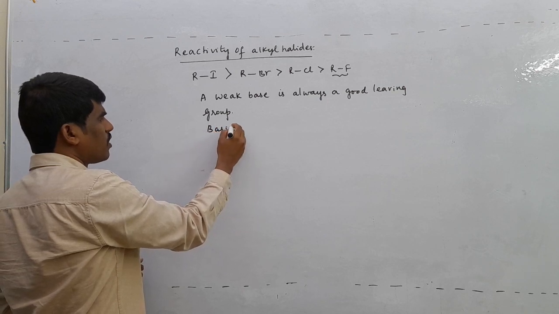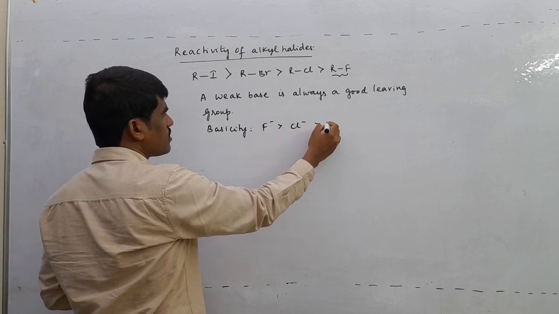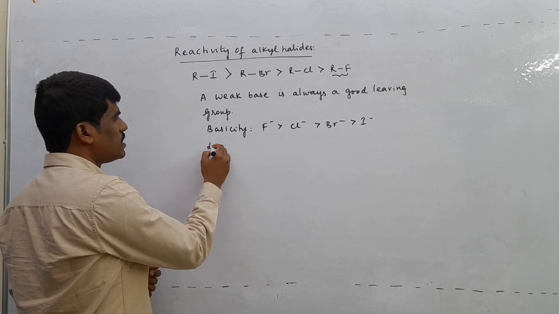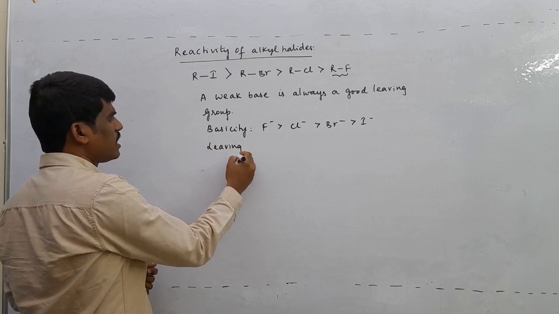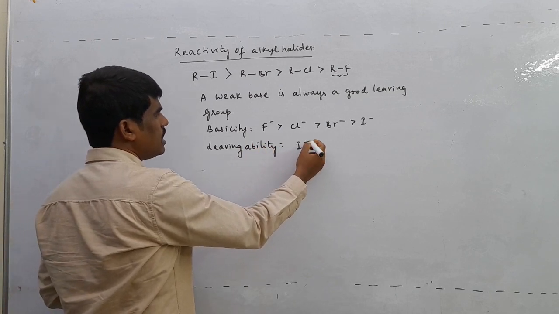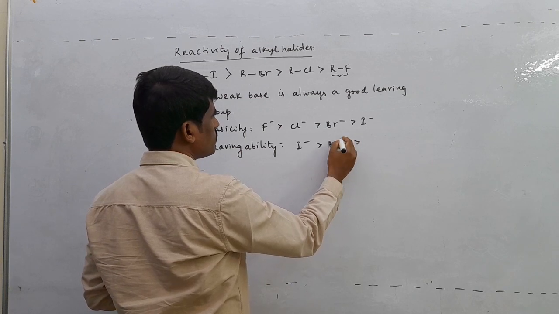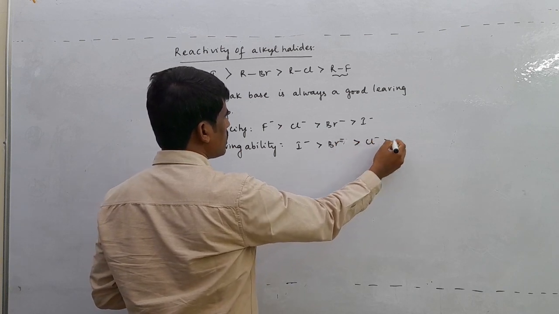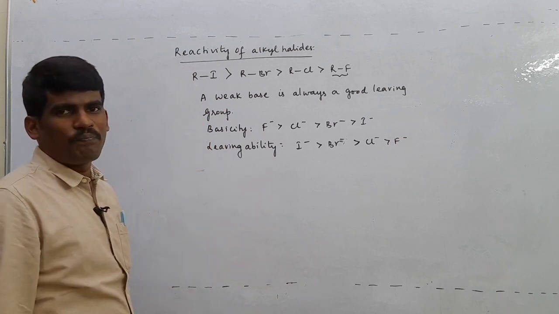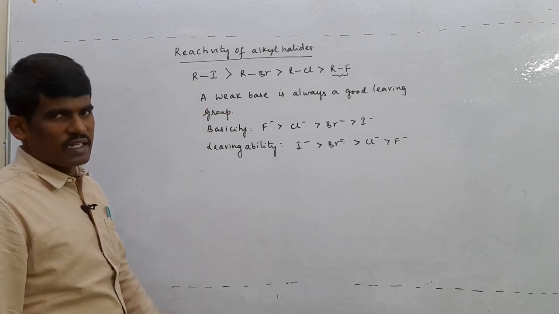In the basicity order, the strong base is F minus, greater than Cl minus, greater than Br minus, greater than I minus. Then leaving ability: which one can easily leave? The easily leavable group is I minus, greater than Br minus, greater than Cl minus, greater than F minus. So I minus can go easily. And this is among the alkyl halides we can take.